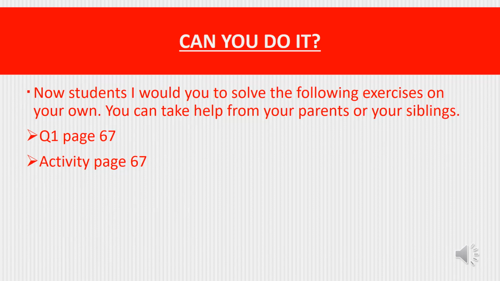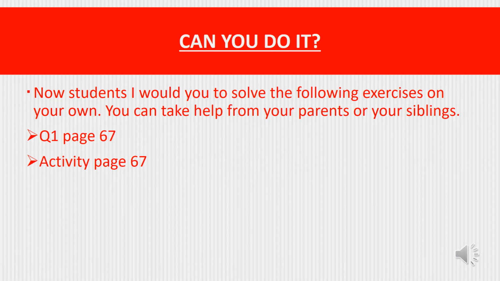Now students, can you do it? I would like you to solve the following exercise on your own. You can take help from your parents or your siblings. Question number 1 on page number 67 and the activity on page number 67. In question number 1, you have to correct the wrong statements and state whether they are true or false.